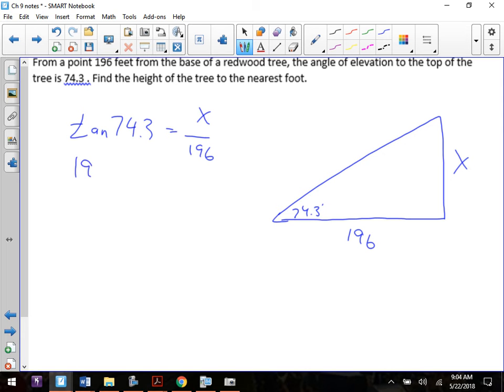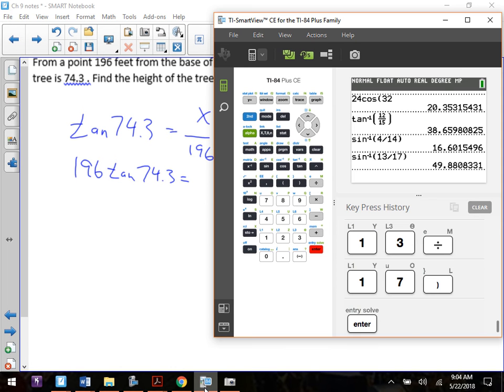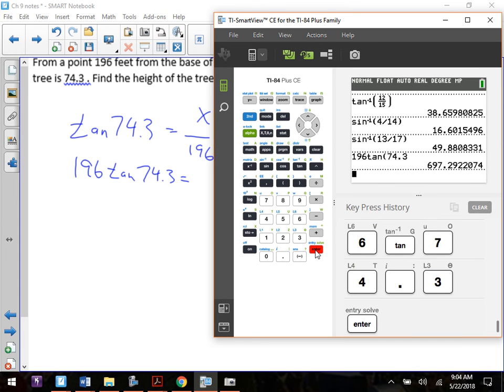Multiply over. Press a bunch of buttons. 196 times tangent 74.3. And it said round to the nearest foot. So what would you do? Nearest foot. 697. Okay.